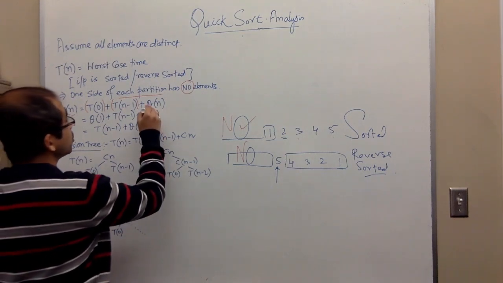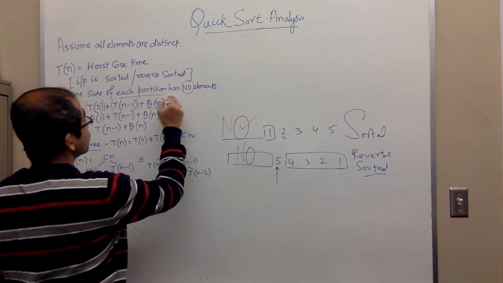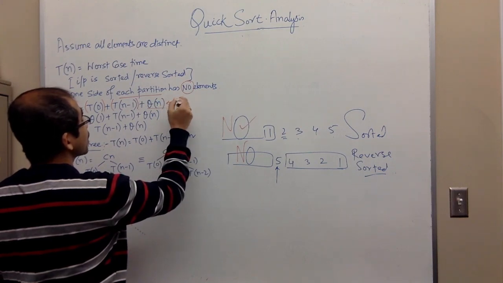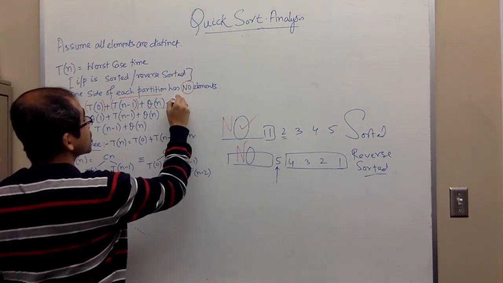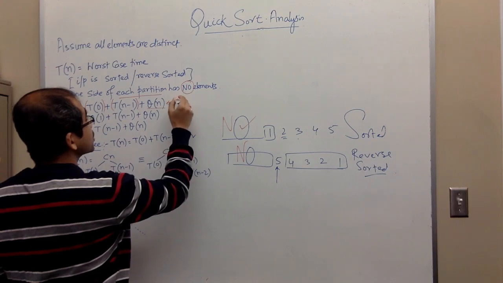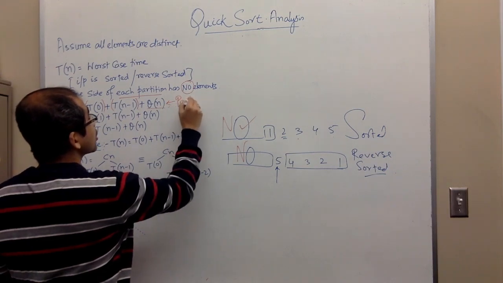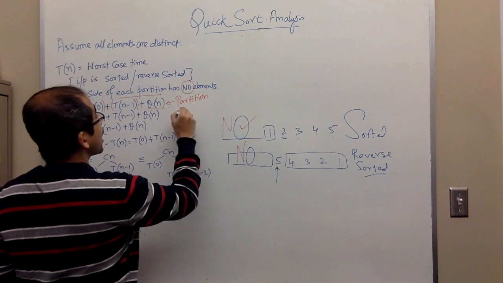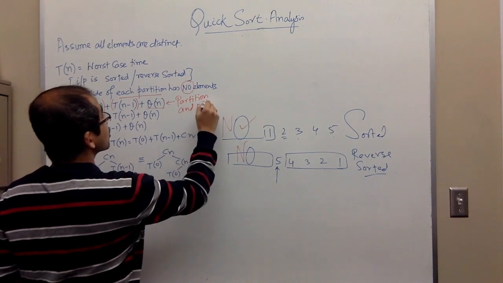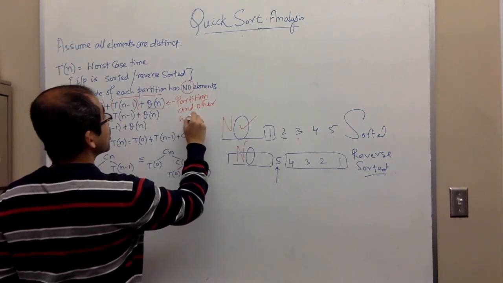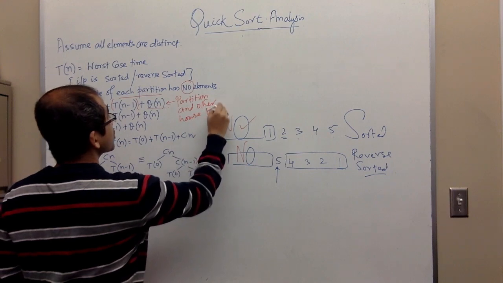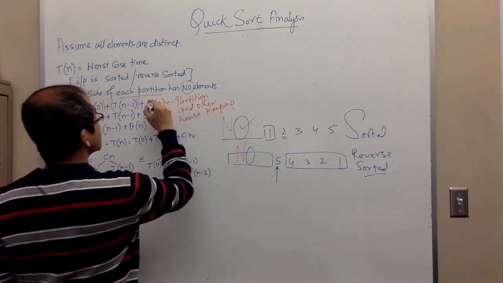Now assume that for the partition and other housekeeping operations, the cost is linear time, theta n.